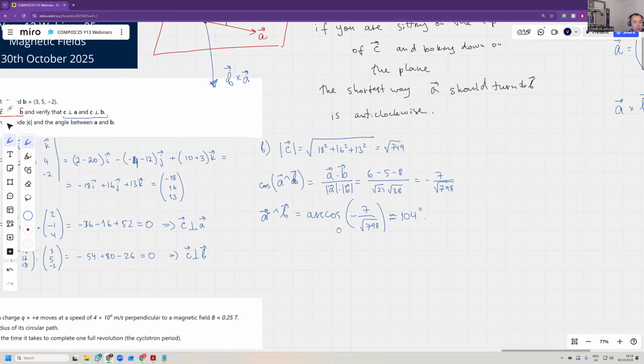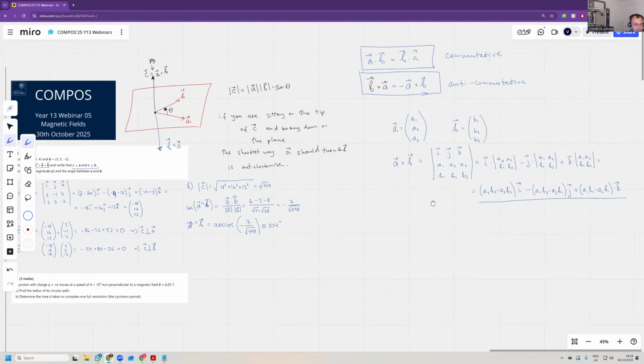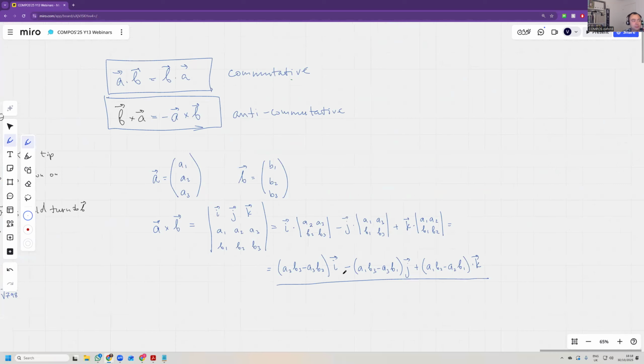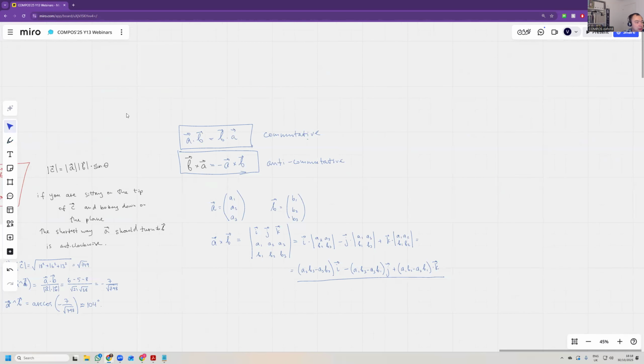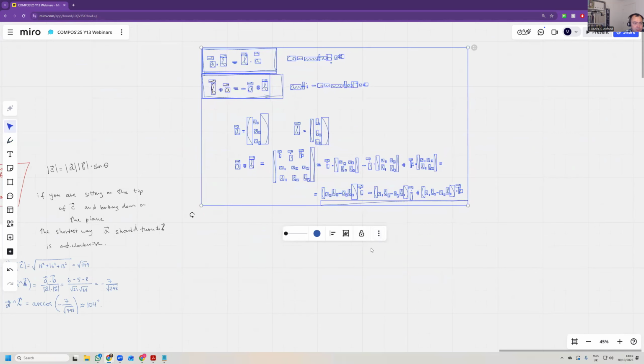Right. One more thing that I forgot to mention. One more important thing, let's label it properties.